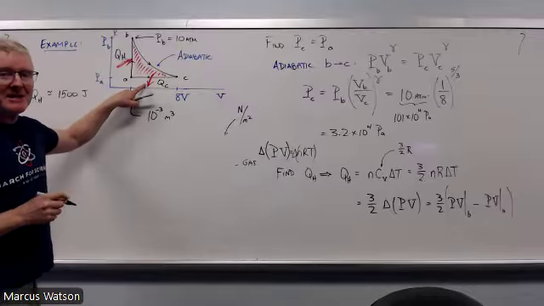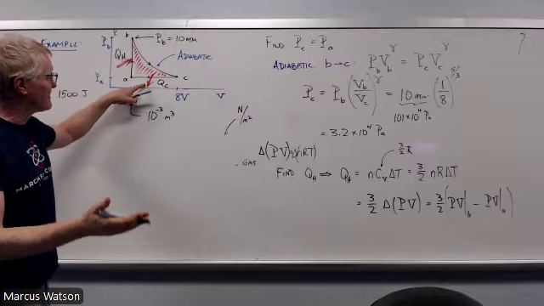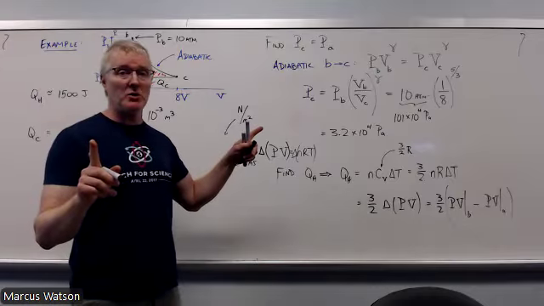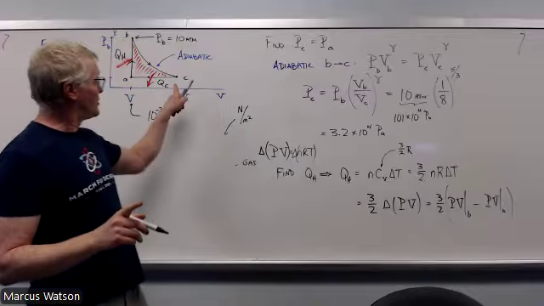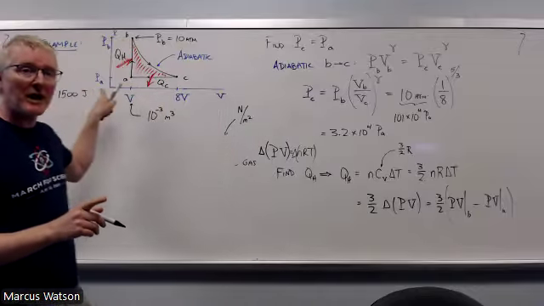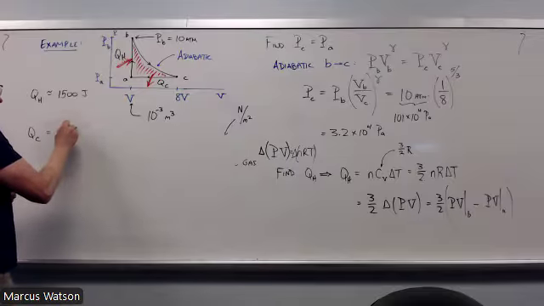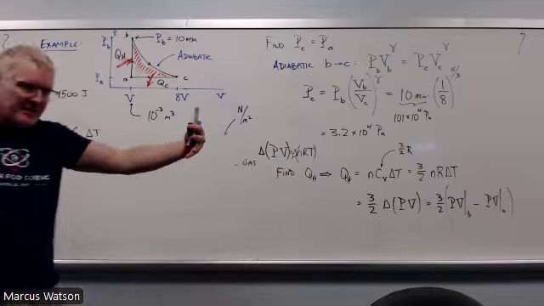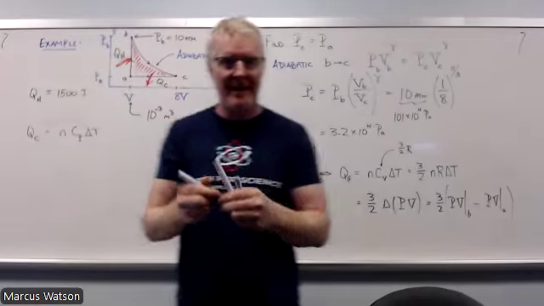Okay, if I'm now interested in the exhaust heat, what's QC? Well, just as we did Q for the constant volume, notice that this Q is a constant pressure, and therefore this will be N times Cp delta T, right? Everything's kind of coming together for the analysis of these things.